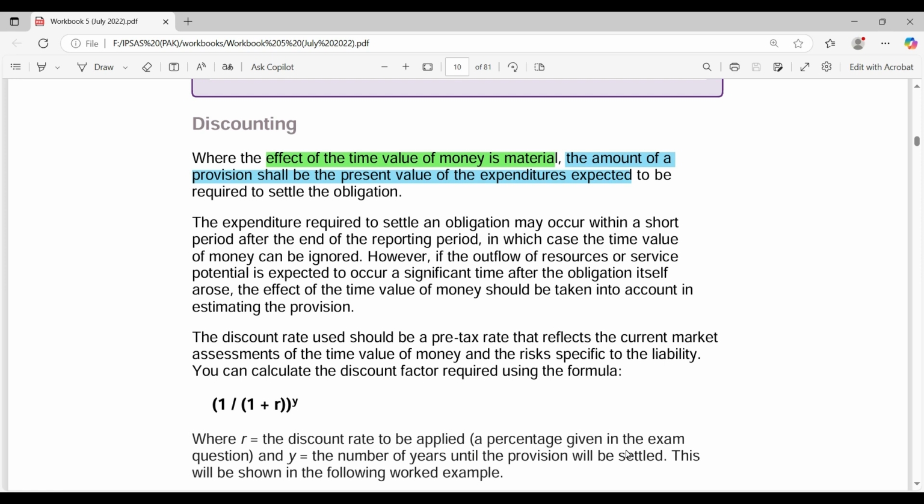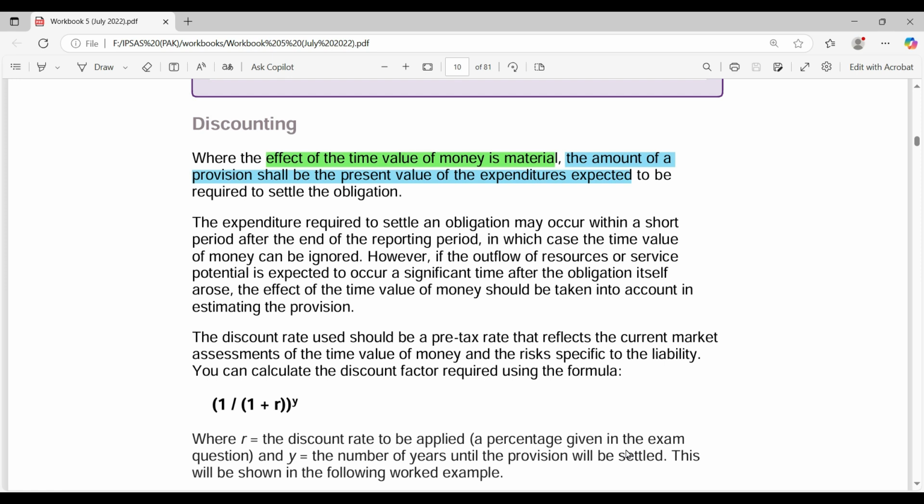It means that you fix a provision of 1 million for the next 3 years, but the question is whether you show this 1 million in your current financial statement. No, it should be the present value of those future obligations.